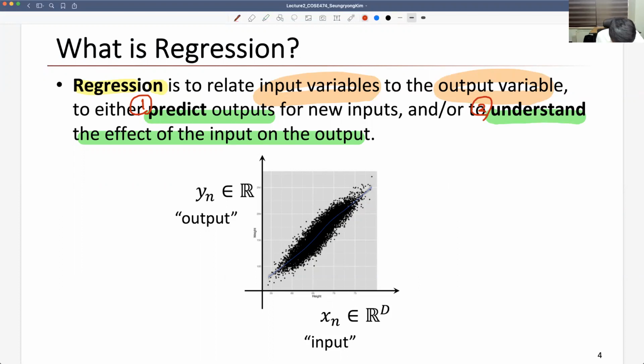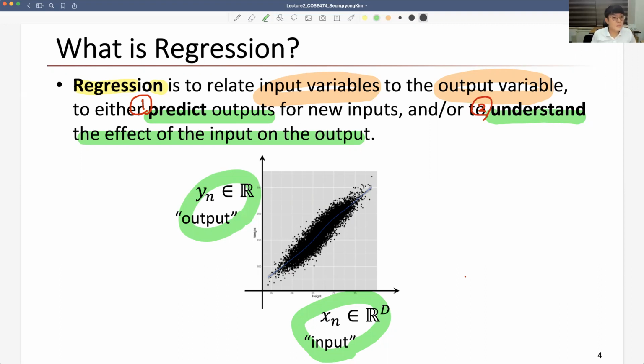In this bottom figure, this is the input variable defined as x_n in R^d space. It means a d-dimensional feature vector, and the output y_n is defined on the scalar space. So what we want to do is to find the relationship between the input x_n and output y_n. This is the goal of machine learning, right?